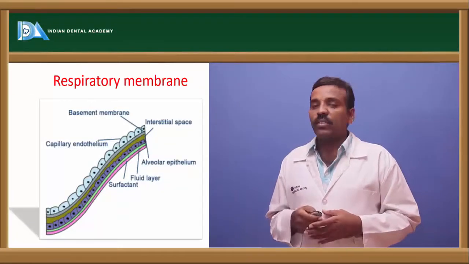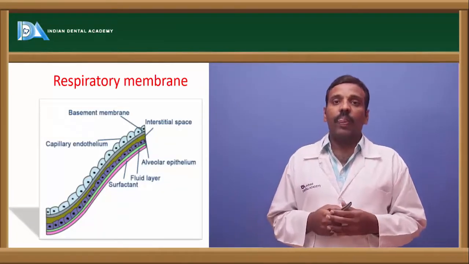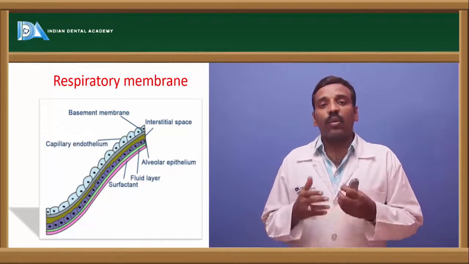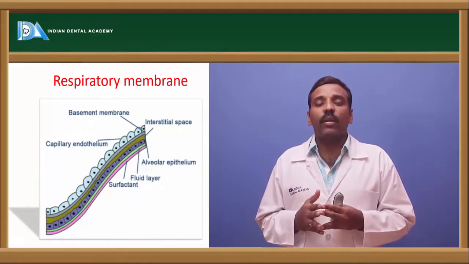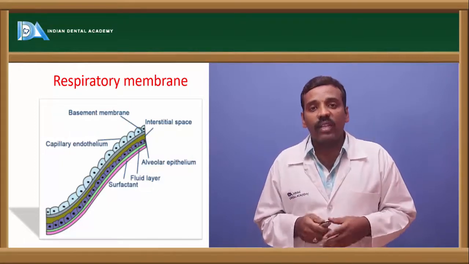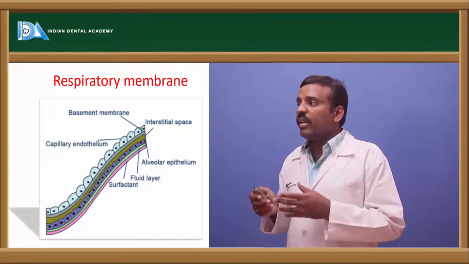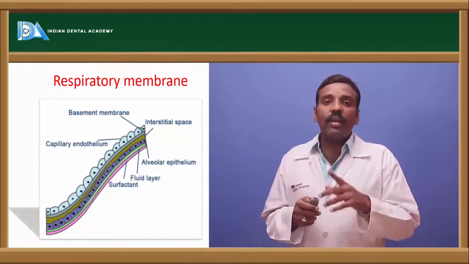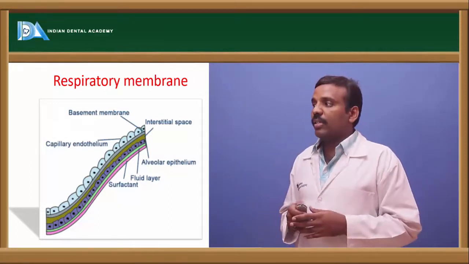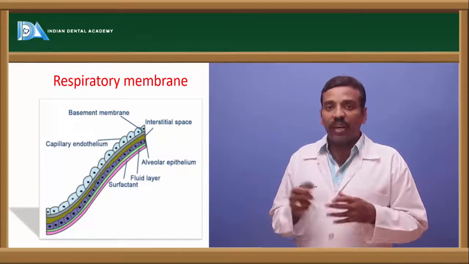Okay, and next one is the respiratory membrane. The respiratory membrane is one of the most important, because only through the respiratory membrane does the exchange of gases occur. This respiratory membrane contains the basement membrane and the capillary endothelium, and next the interstitial space is present.